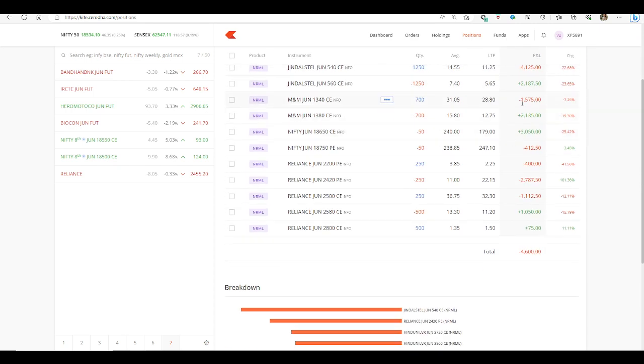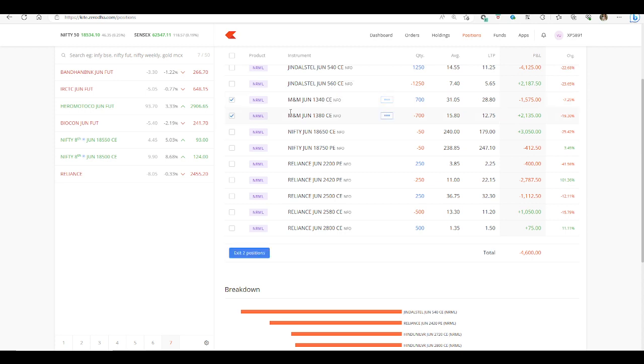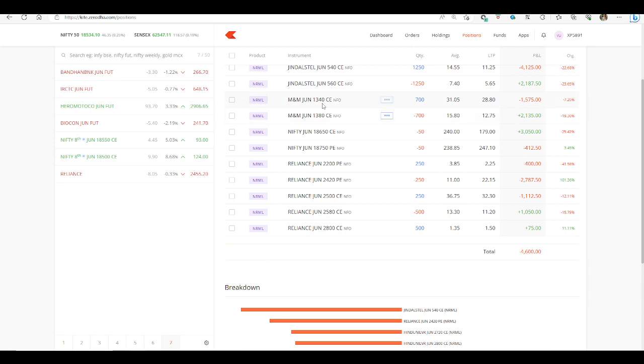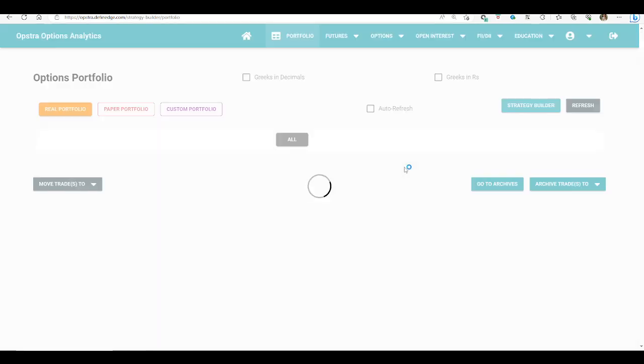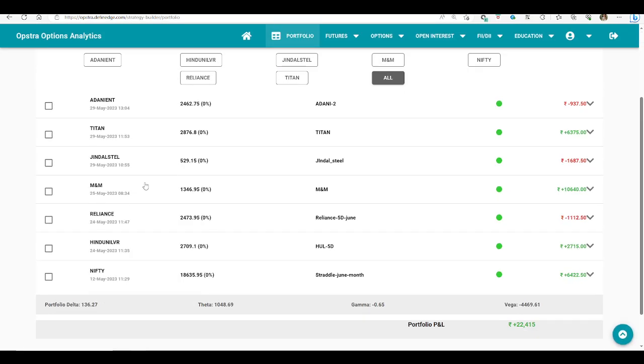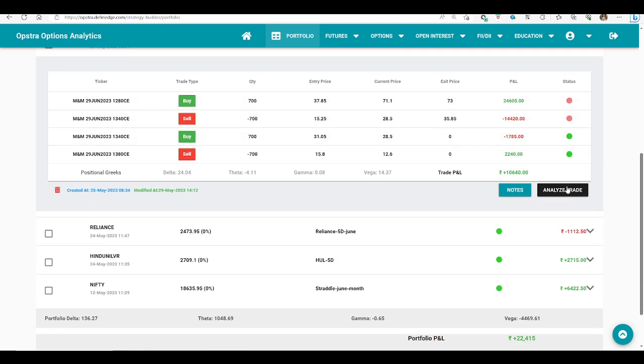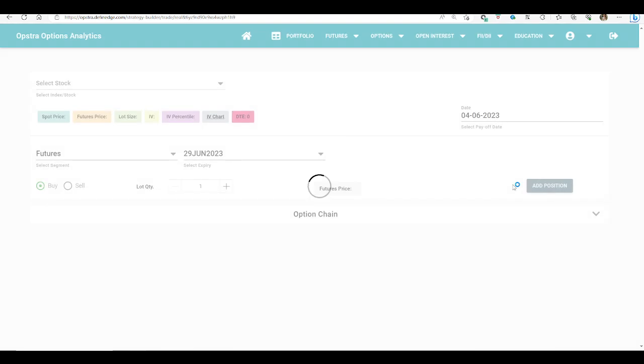This M&M, after I had the big position in M&M and I got the 10,000 rupees profit, after that I did some small adjustment to save my profits. Okay, the adjustment I am going to tell you. Okay, this is the M&M, 10,650 profit is there.